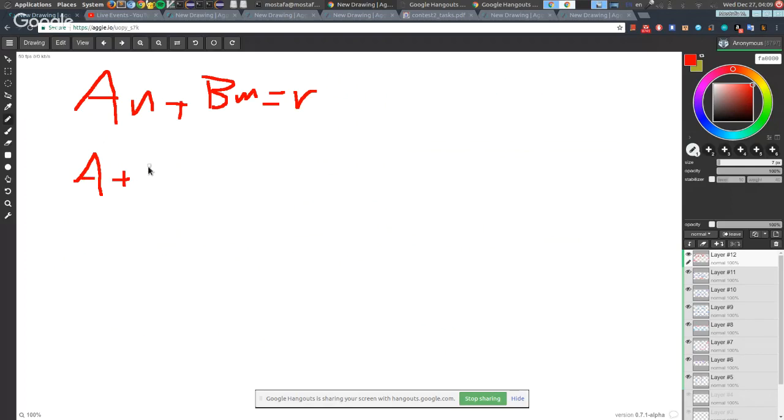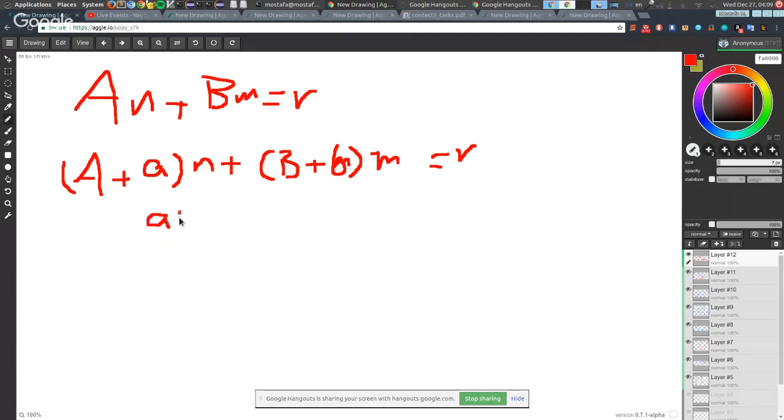And this is another number that is also supposedly another solution of the Bezout's identity. So we just add a here and b here, and we see what's the relation between the small a and the small b. In order for this to be true, we come to the conclusion that an plus bm is equal to 0.